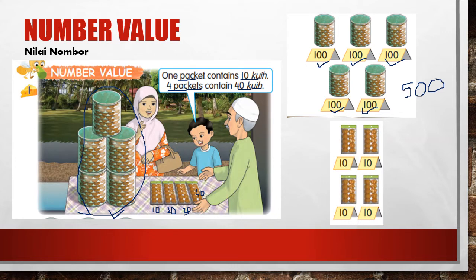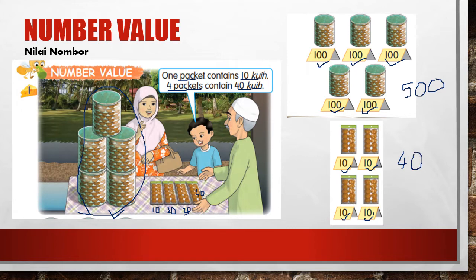Then we have to add with the kueh in these 4 packets. We know that all these 4 is 40 kueh by counting by tens. 10, 20, 30, 40. 40 kueh.